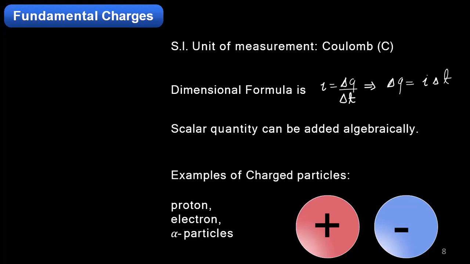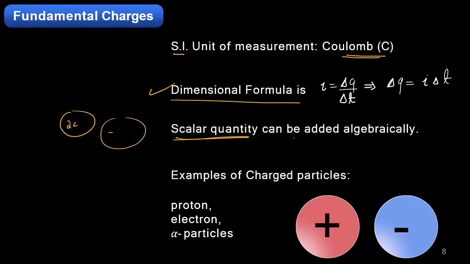Now come to the charge. The SI unit of measurement of charge is Coulomb. Forget about the dimensional formula; it is not important in your context. Charge is a scalar quantity and can be added algebraically. Let us say there are two particles: body A having a charge of 2 coulomb, and body B having a charge of -3 coulomb.